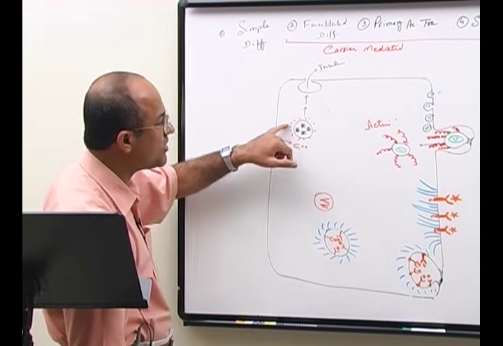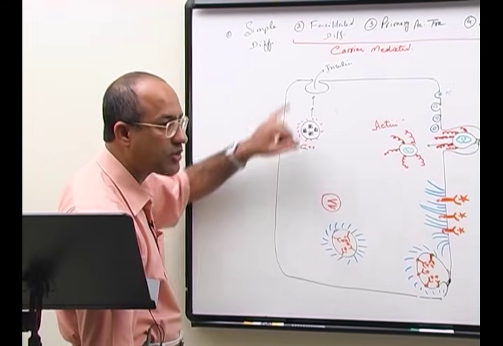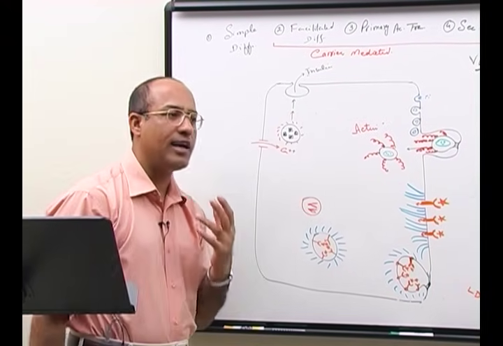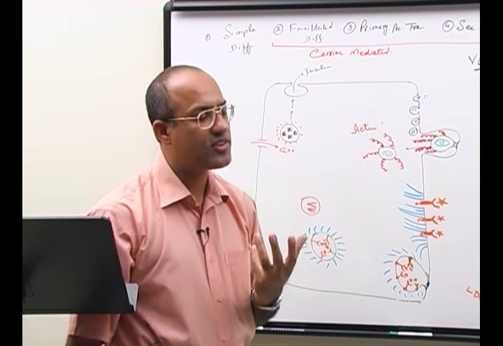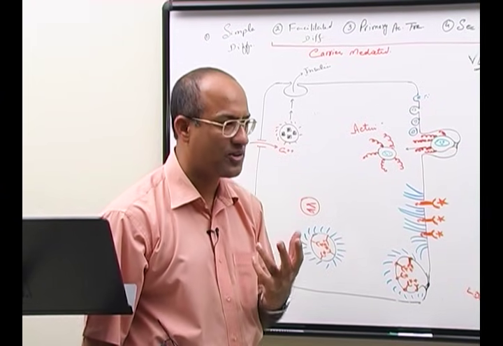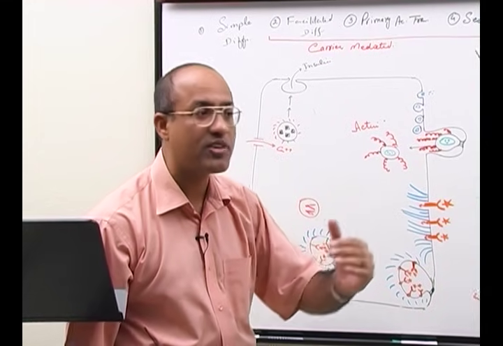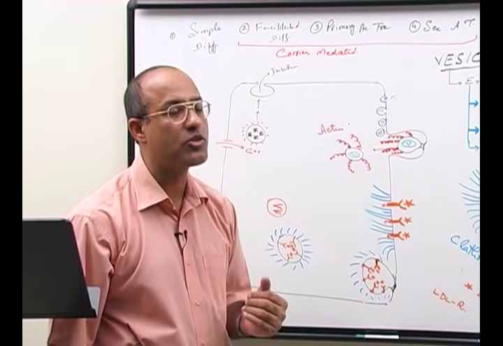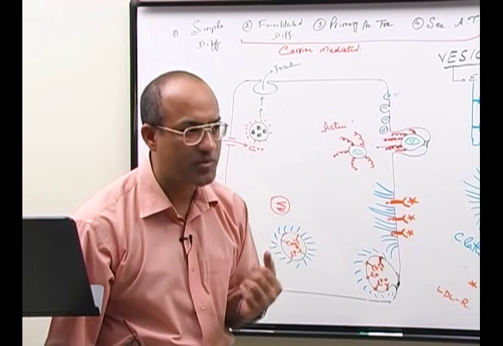Here there is calcium dependent exocytosis releasing insulin. So many endocrine glands, when they synthesize and store the hormones, hormones are released by the process of exocytosis, and this exocytosis is usually calcium dependent.